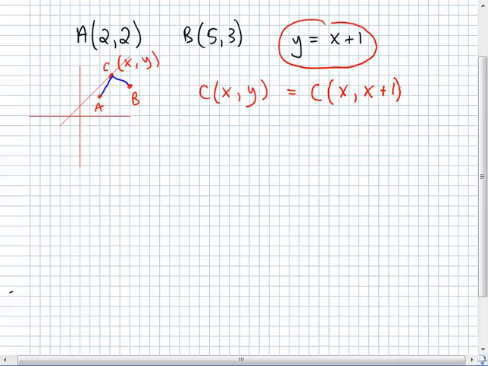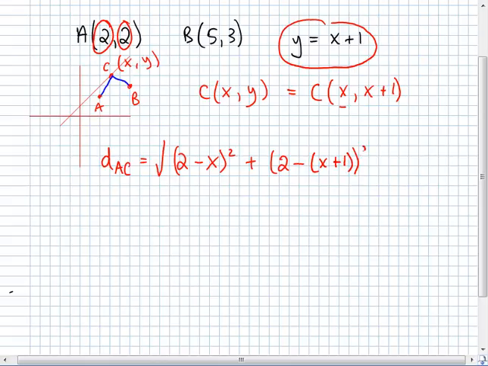So let's set up that first distance formula then. We're going to look at the distance between A and C. So the distance formula between A and C is equal to the square root of, okay, so there's my x coordinate, 2 minus x all squared, that's easy enough, plus 2 minus, and then here's my y coordinate, x plus 1 all squared.